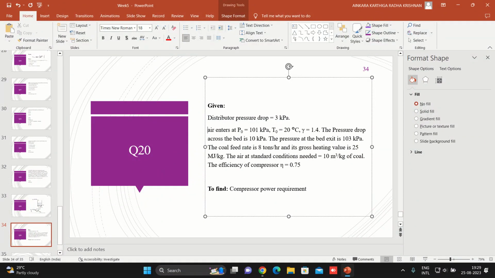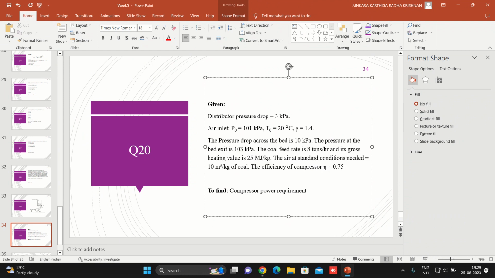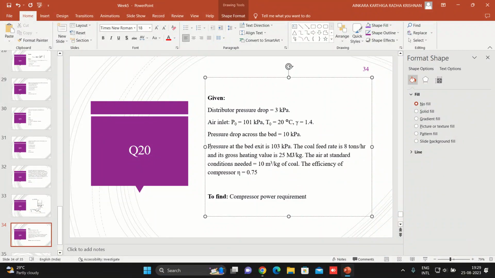Air inlet pressure is 101 kilopascal, T naught is 20 degrees Celsius, and gamma is 1.4. Pressure drop across the bed is equal to 10 kilopascal. Pressure at the exit is 103 kilopascal.